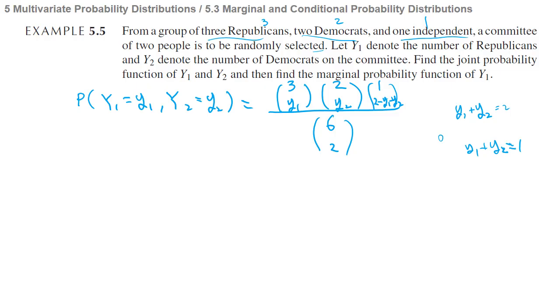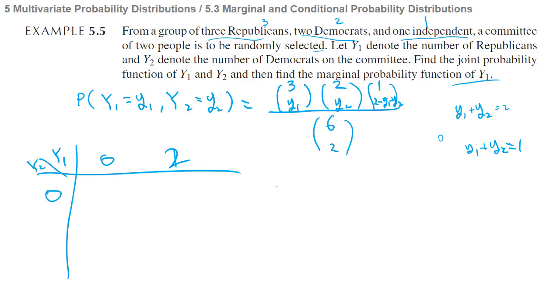Okay, find the joint probability function of y1 and y2, and then find the marginal probability function of y1. So y1 can take the value 0, 1, or 2, and y2 also 0, 1, or 2.